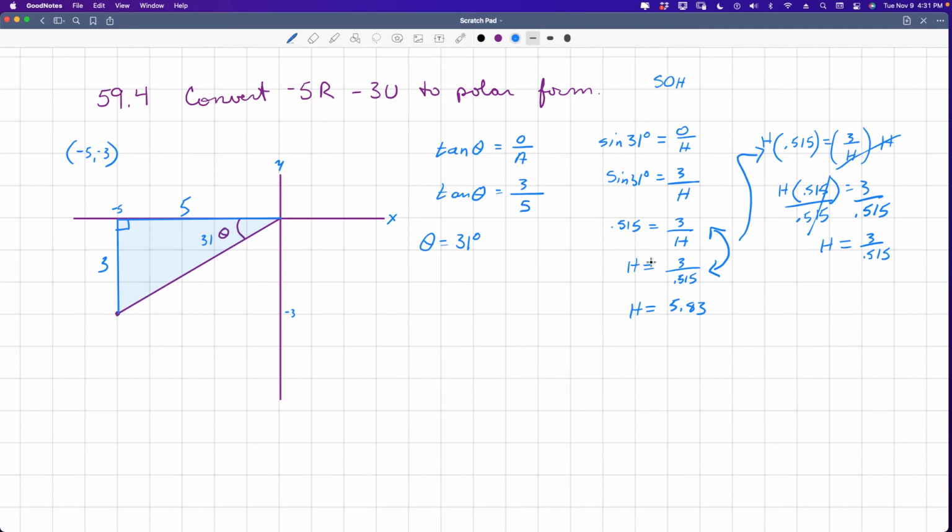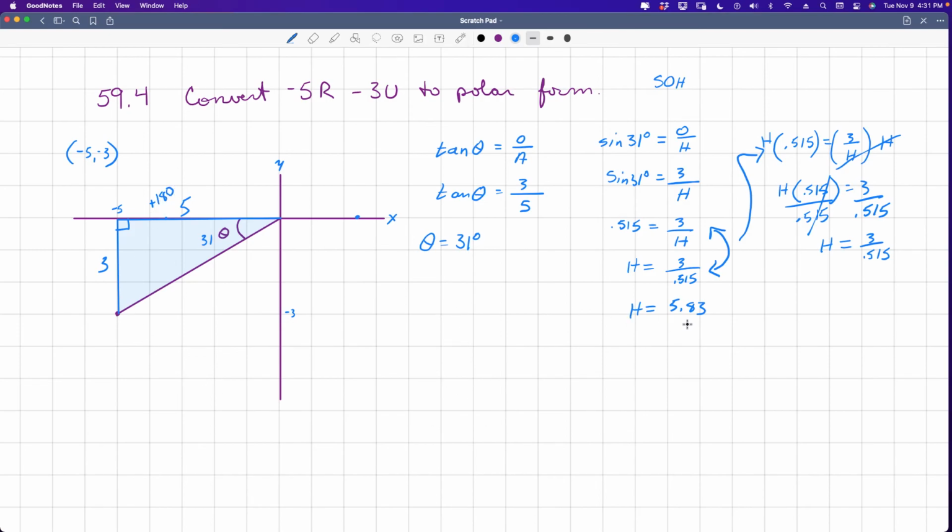Where did I leave off? Okay, so because the measurement starts here at the x-axis, we have gone all the way around. So we know we are greater than 180 right now, right?